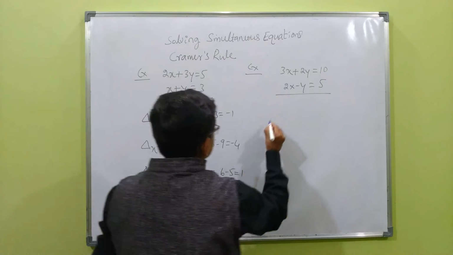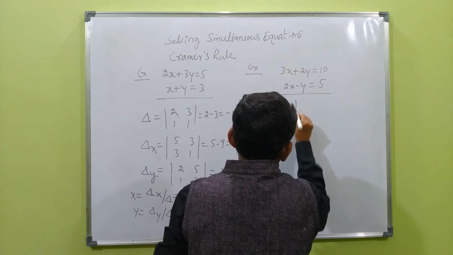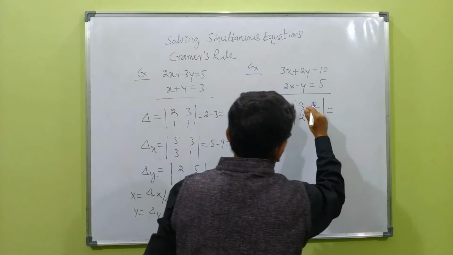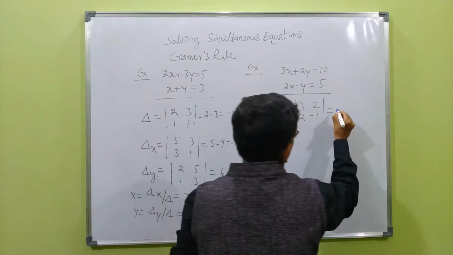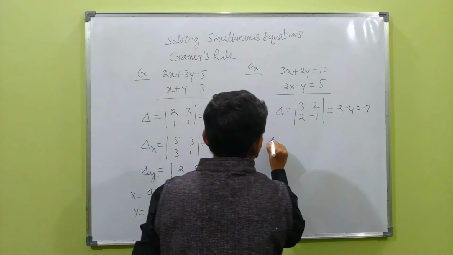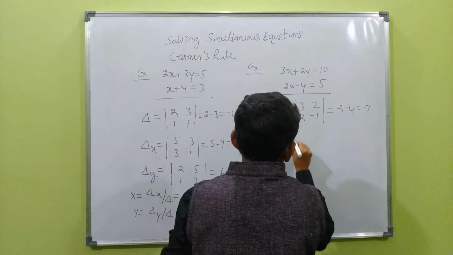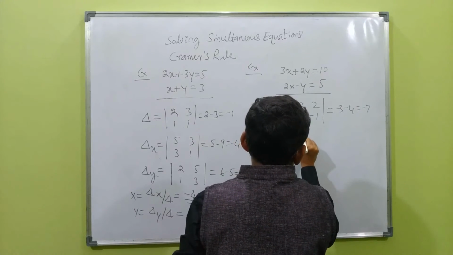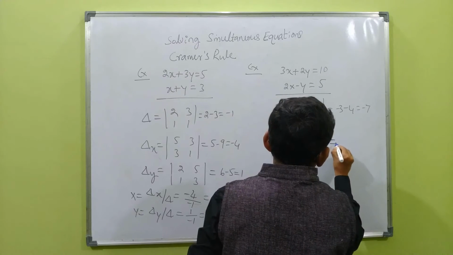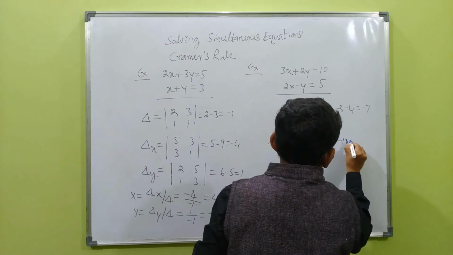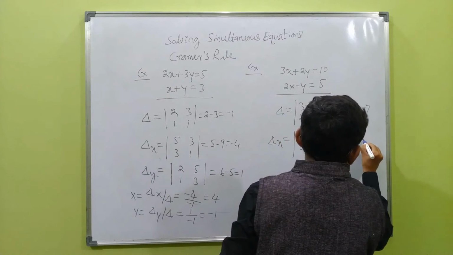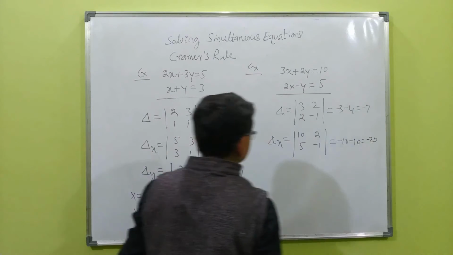Similarly, here delta will be 3, 2, 2 and minus 1. So minus 3 minus 4, that is minus 7, and delta x will be 10, 5, 2 minus 1, that is minus 10, minus 10, that is minus 20.